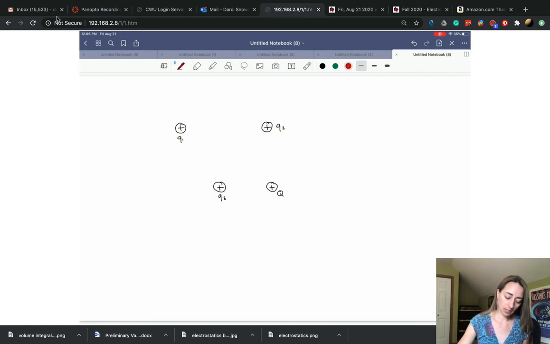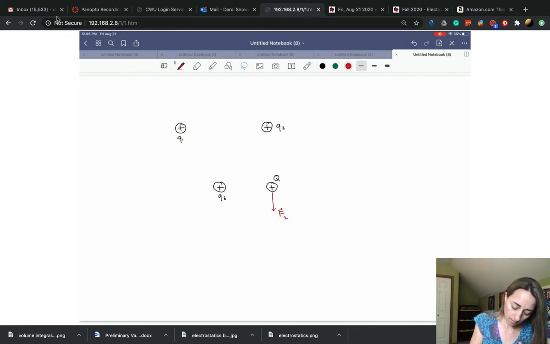Okay, so we've got Q2. Since they're both positive, it's going to exert a force in the downward direction here. I'm going to label that force F sub 2 so we know which source charge it goes with.